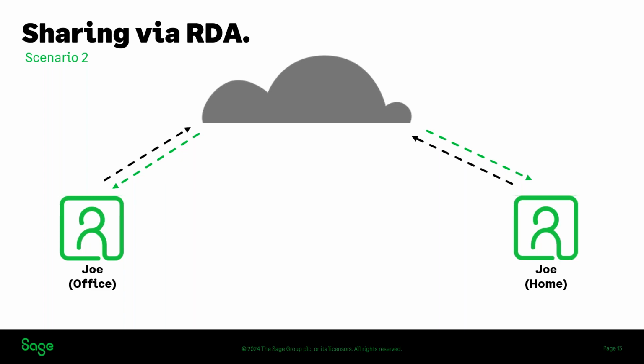Instead of taking the backup in the office, putting it on SharePoint or a USB stick, and then getting home and restoring it on the computer at home, you can have Sage also installed on a second machine. Then using remote data access, all he has to do is log into his data, and everything he's processed in the office will synchronize to his computer at home, again, as long as he's got an internet connection.